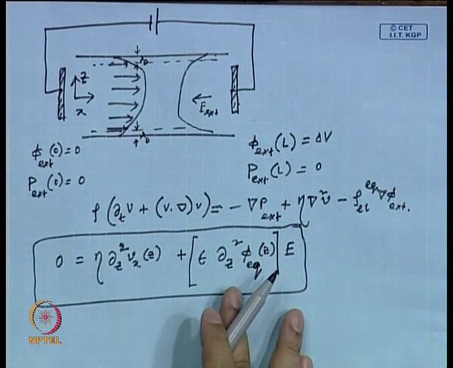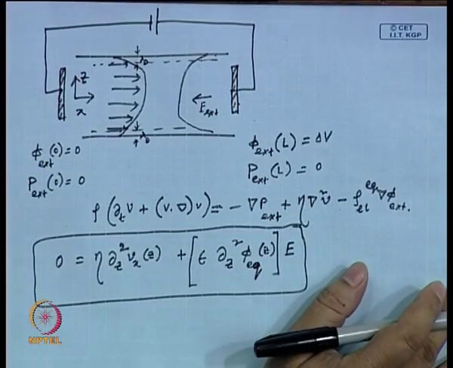This is the equation that we have for one dimension with the assumptions. What are the assumptions?